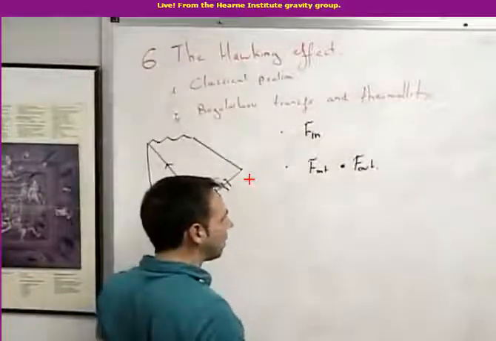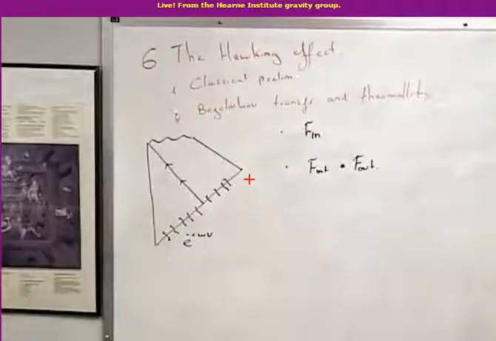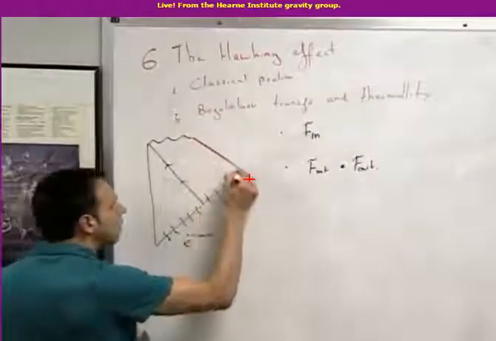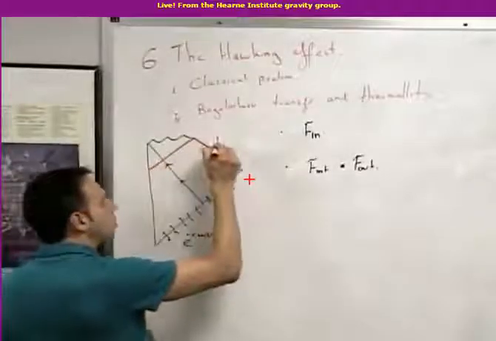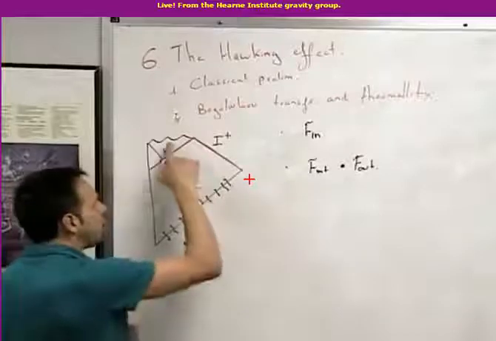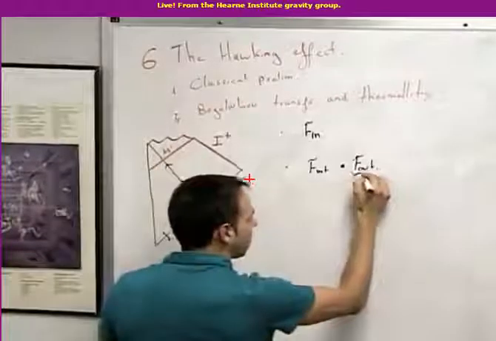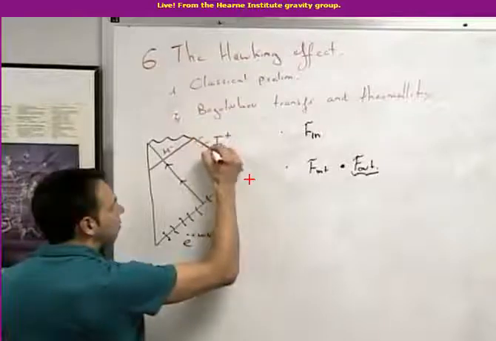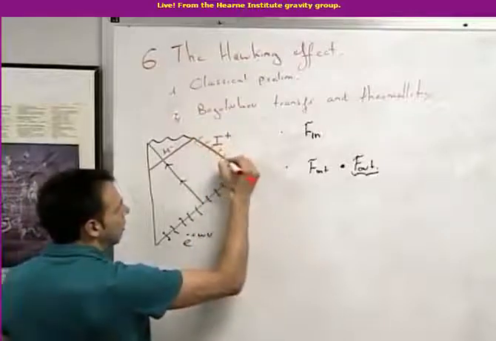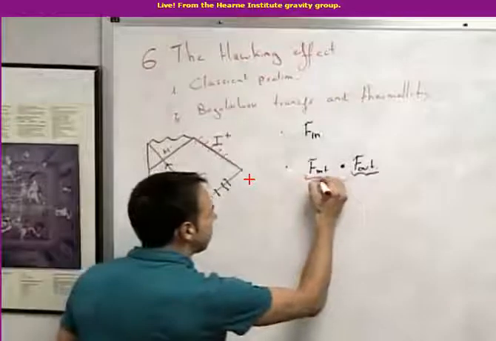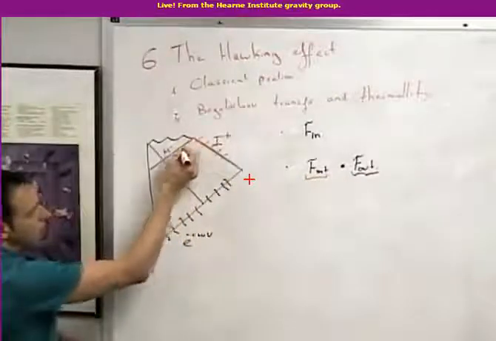An alternative quantization is given by the in-out representation, which is choosing Scri plus together with the horizon as a Cauchy hypersurface. It's made of two parts. One is the out Fock representation, which is made using the basis of natural positive frequency modes at Scri plus, and the in representation, which is choosing some basis of modes here.